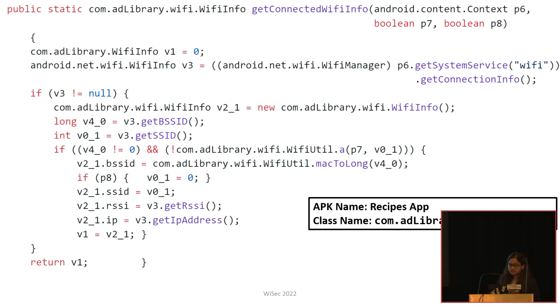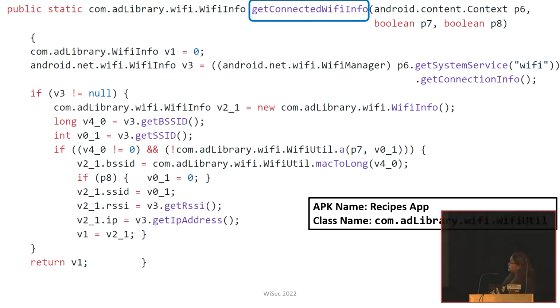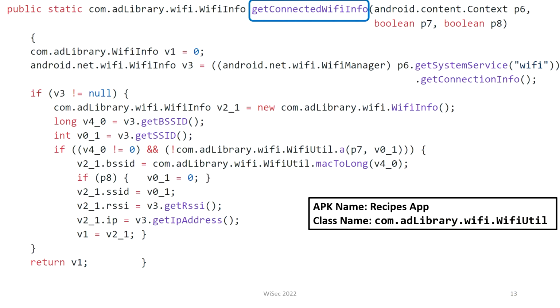So this is one PRCS. The blue box denotes the method, that is getConnectionWifiInfo, and the red box basically denotes the Android API that has been called by getConnectionWifiInfo. In this example, that is getConnectionInfo. And the green box is basically the variable that is storing the information that has been received by calling the Android API.